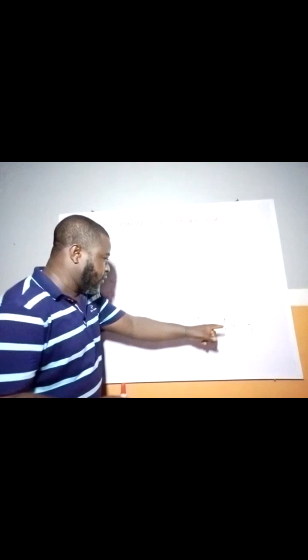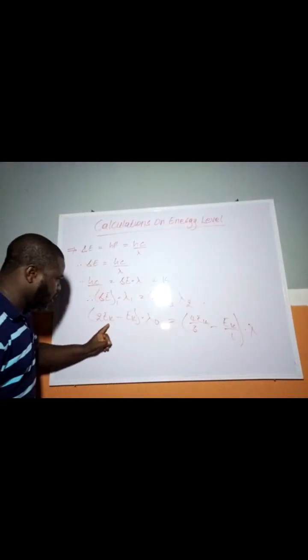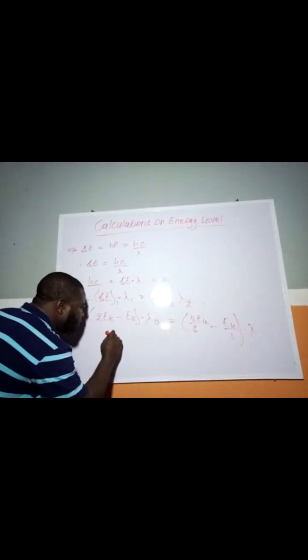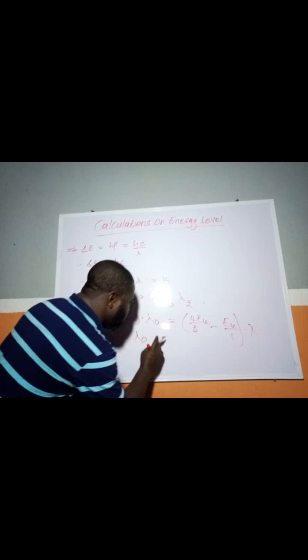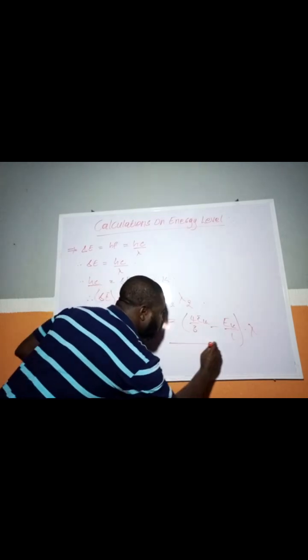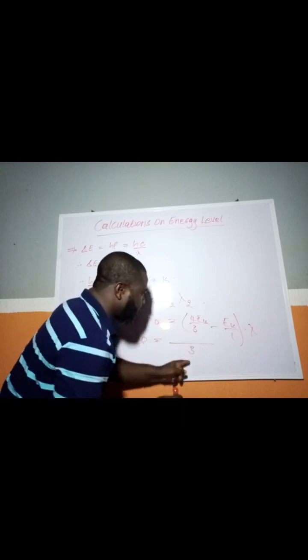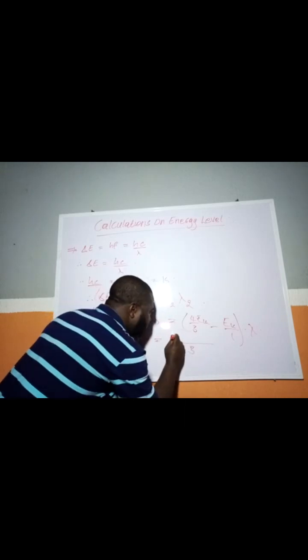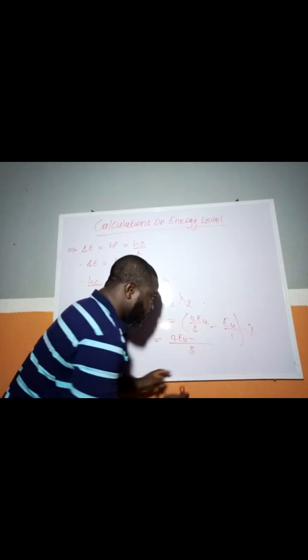So as you can see, now let's move on. EK dot lambda naught should now be equal to, we look for the LCM of this. We have 3, then 3 here 1, that is 4EK minus 3EK.